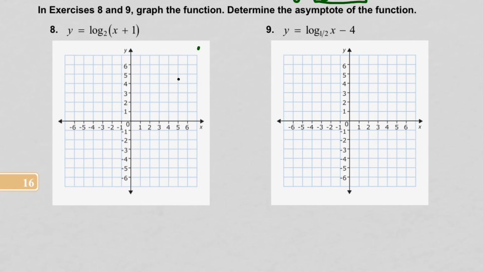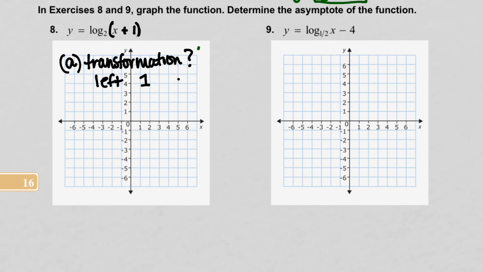So first, what am I going to ask for first? The first thing I'm going to ask you for is what transformation is taking place here? Well, grouped in with my x, I've got a plus 1. So I know that that means I'm going to shift left or right. And then it's left. And then next I'm going to ask, what is the equation of the asymptote?